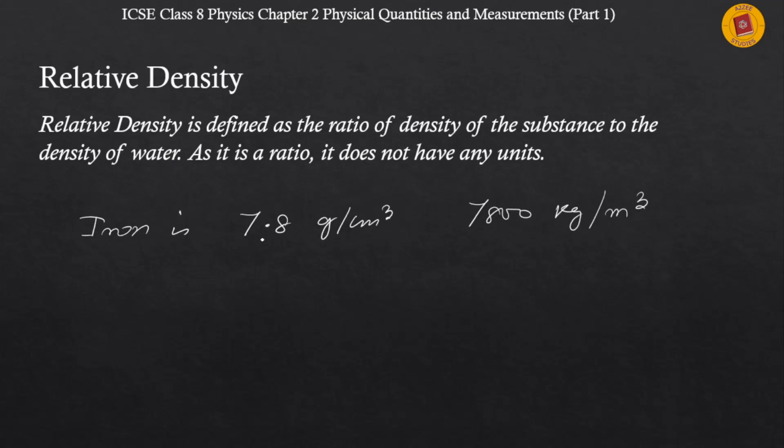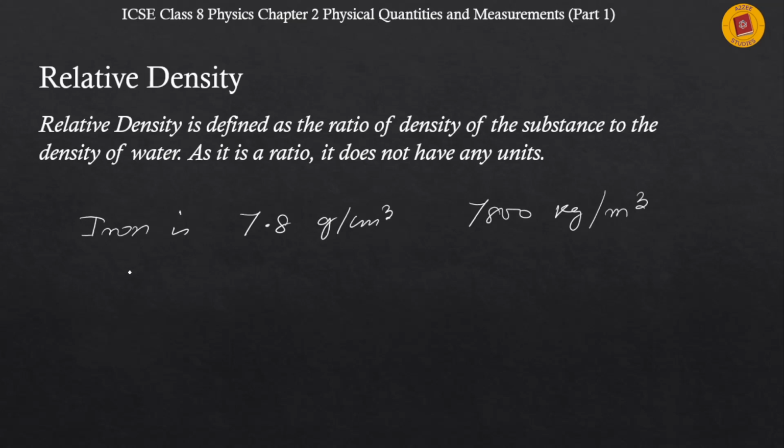It may vary a bit, but generally this is the value. If I tell you this, you might not have the idea of it. You might think, how much is 7.8 grams per centimeter cube, or how much exactly is 7800 kg per meter cube. You might not have that idea in mind.